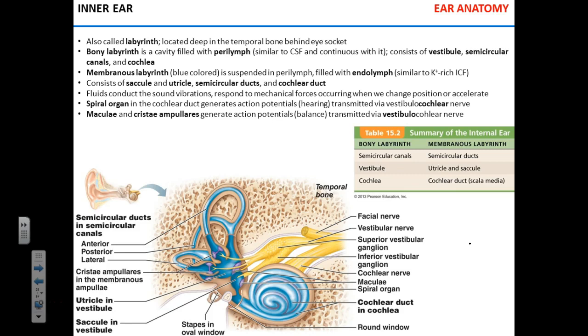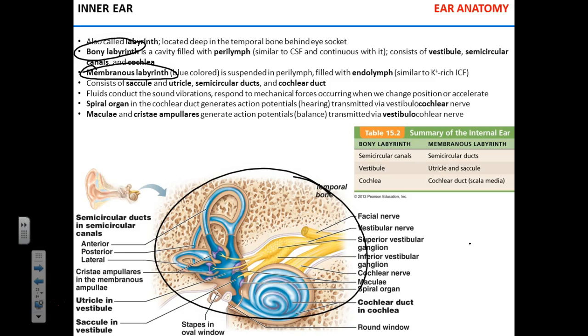So we passed the middle ear, and now we get into the structures of the inner ear, that is also called a labyrinth. I don't think I have it here, but we'll get to that when we work with the model. So this is your inner ear. Labyrinth has two parts, the bony labyrinth and the membranous labyrinth. You have to appreciate that the bony labyrinth is kind of a cast.